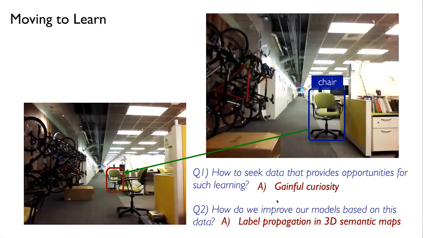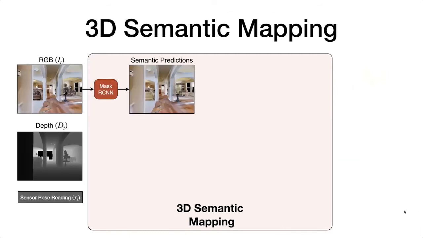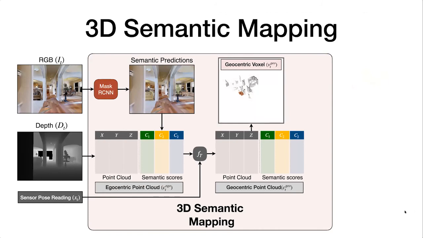The answers to these two questions are: we have something which we call gainful curiosity for determining what data to seek, and we do label propagation in 3D semantic maps in order to improve the model that we have. At the heart of this method is a function for 3D semantic mapping, where you get RGBD images and build a 3D semantic map of the world by running your Mask R-CNN, which gives you some predictions.